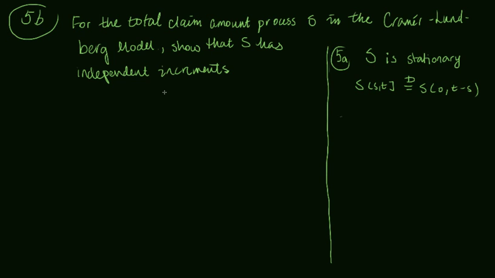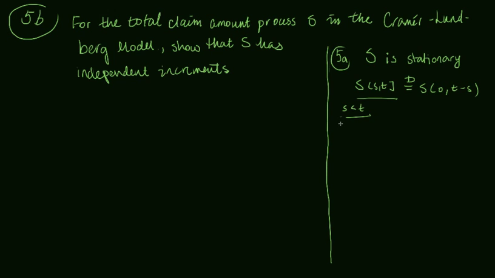Well, in 5a, we showed that S is a stationary process, meaning that for times s smaller than t, the increment in total claim amount from time s to t has the same distribution as the increment in total claim amount from time 0 to t minus s.